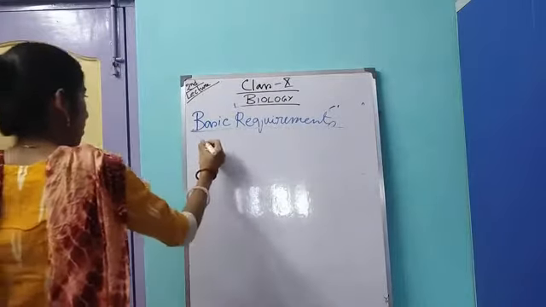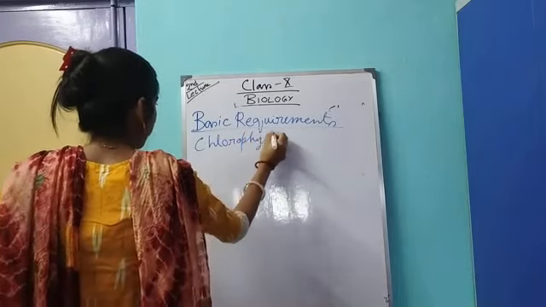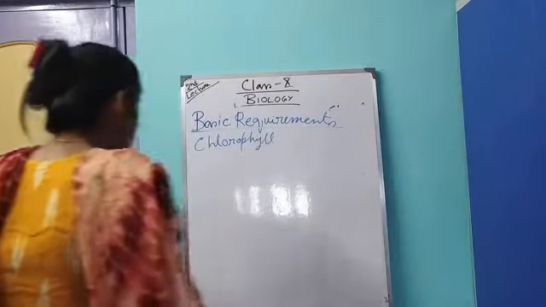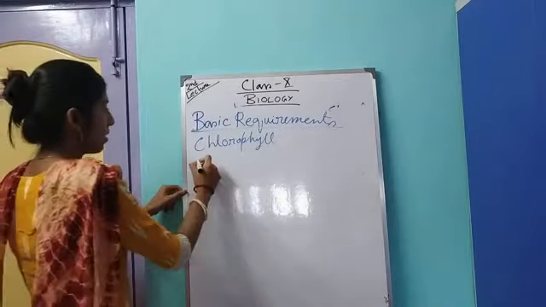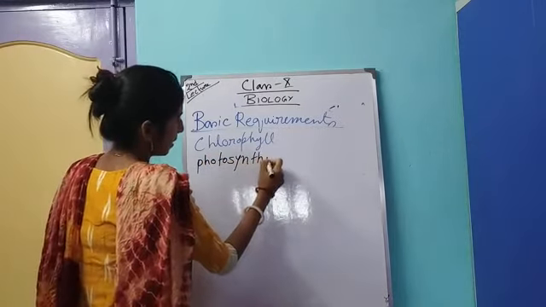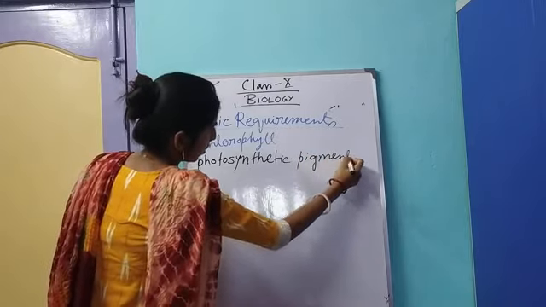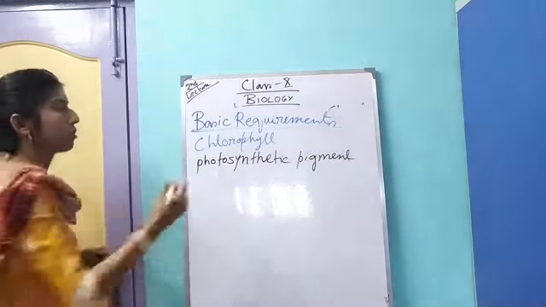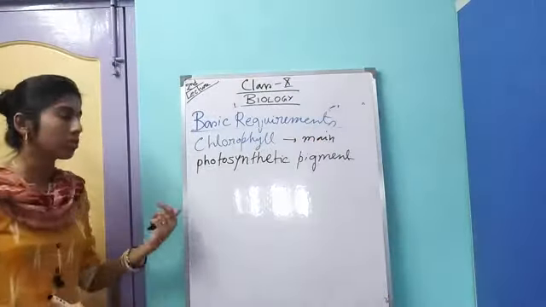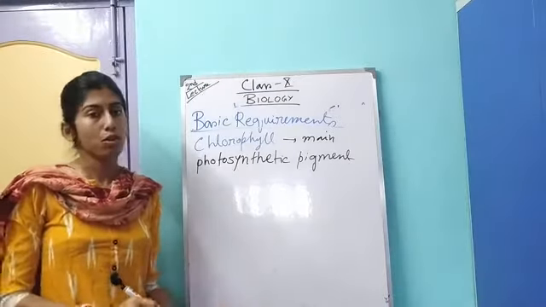First one is chlorophyll. So what is chlorophyll? Chlorophyll is the main photosynthetic pigment. Photosynthetic pigments are present and help the plant in photosynthesis.